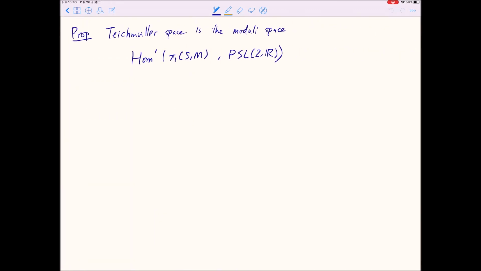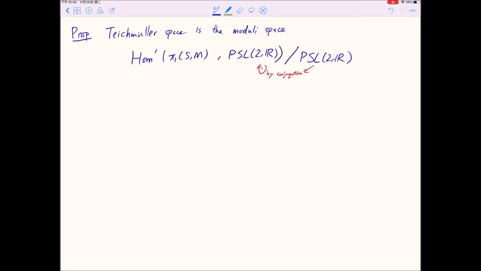So here we then can say that the Teichmüller space will be the moduli space of the homomorphisms from the fundamental group to PSL(2,R) modulo the action of the group on the image by conjugation. So we quotient out by this action.